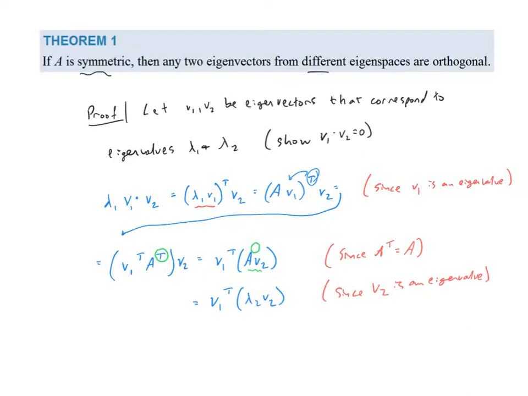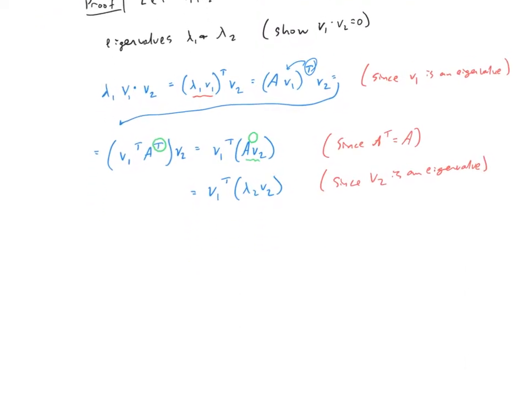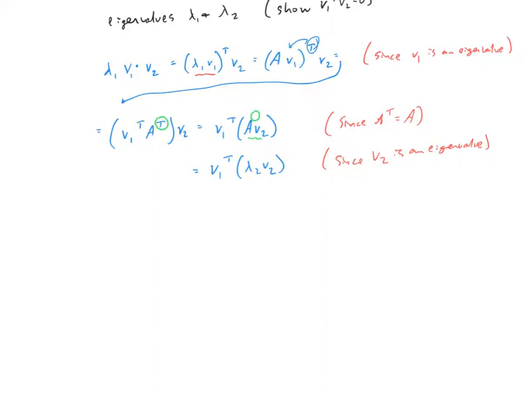Cool. All right, so we are getting somewhere. I swear, there's like 17 equal signs here, but we're getting there. Next, I am going to take my scalar, that lambda 2 in there, and pull it out in front. So I'm going to commute that scalar out of the parentheses. So lambda 2 times v1 transpose times v2.